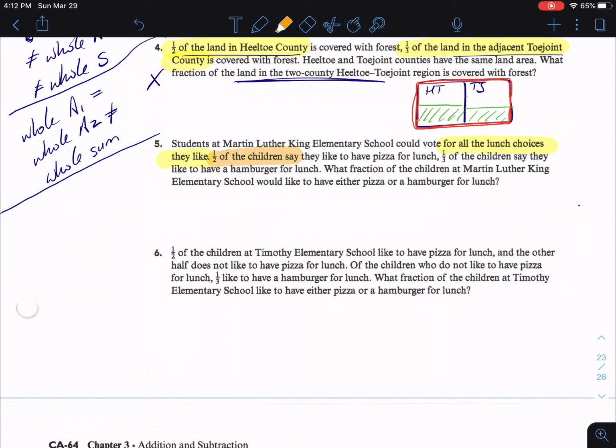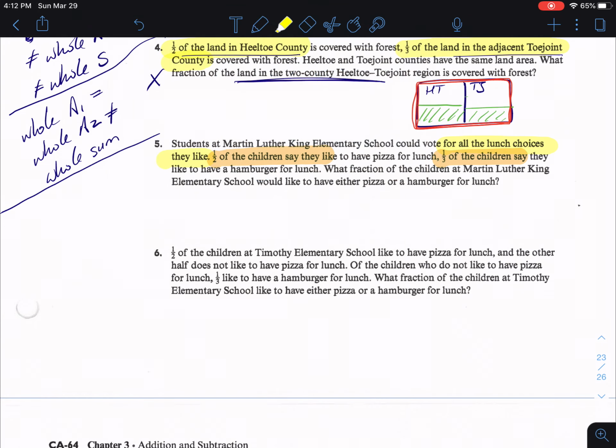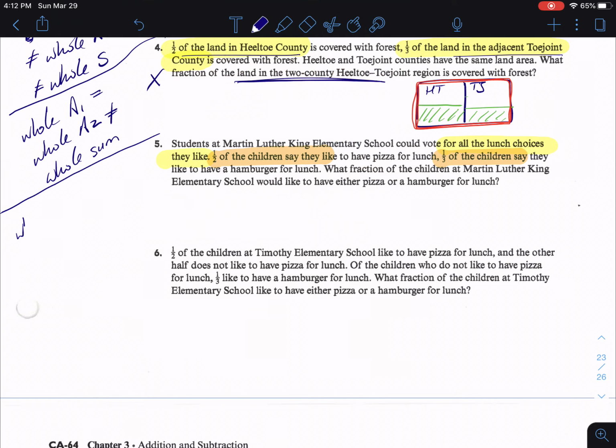So half of the children of the MLK Elementary School like pizza, and a third of the children like hamburger. Sounds like the whole for the first addend is equal to the whole for the second addend, doesn't it? And then it asks what fraction of the children at MLK Elementary School would like to have pizza or hamburger.